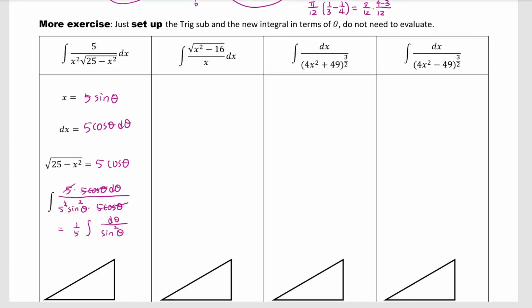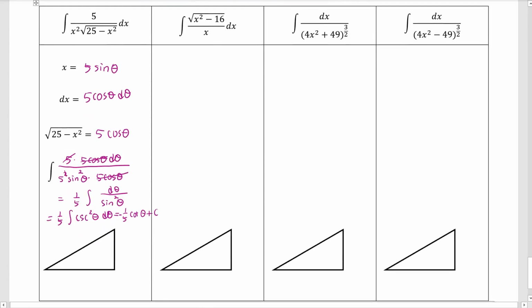You can see 1 over sine is what? So 1 over sine is cosecant. So cosecant squared. Well, you know, the integral of cosecant squared is negative cotangent, right? Plus c. And then you can find your answer, so look at the triangle, right?